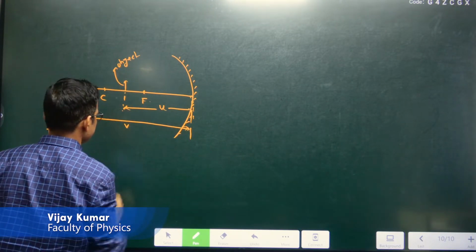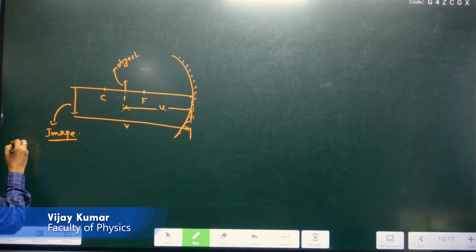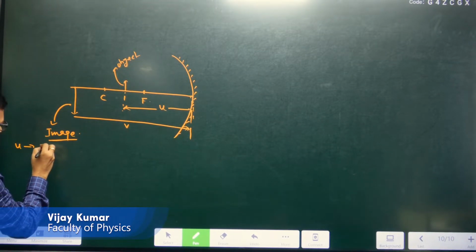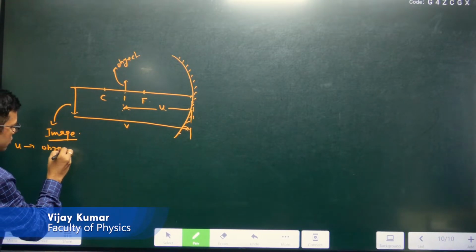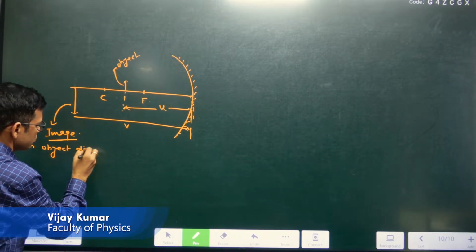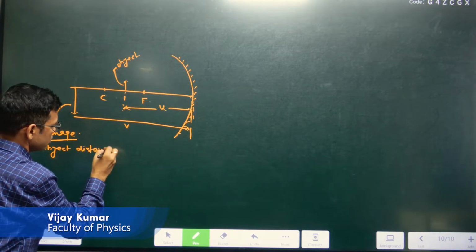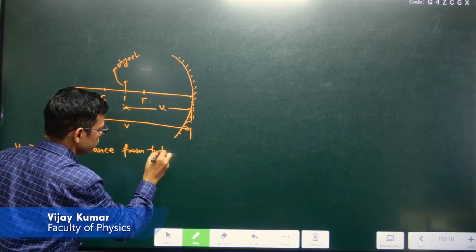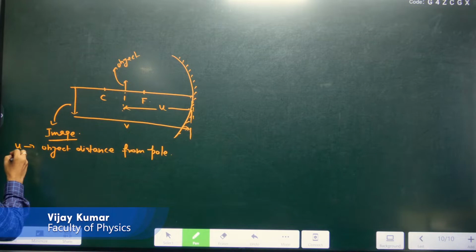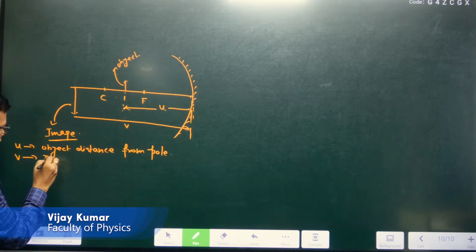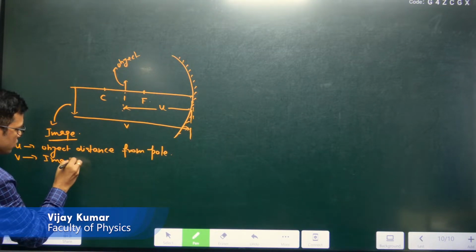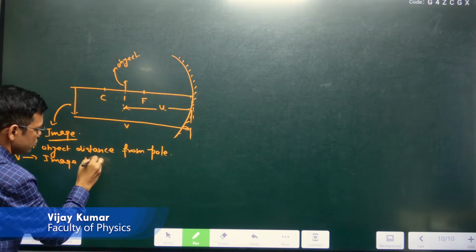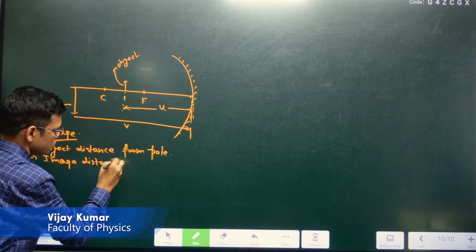And the distance measured from the image to the pole is called the image distance, and it is represented by v. So what is u? u is the object distance from the pole, and v is the image distance from the pole.